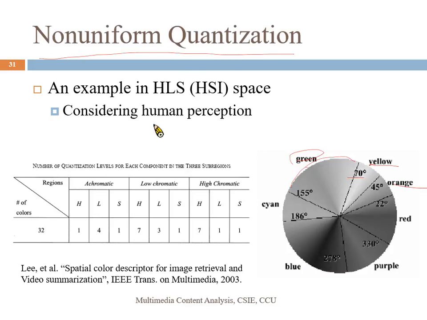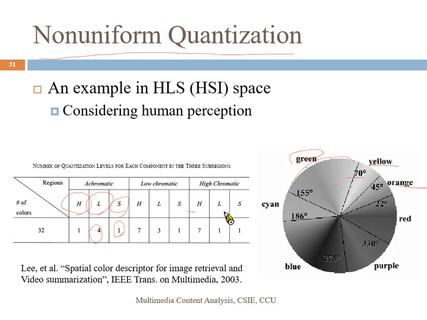In this paper published in 2003, they propose 3 different quantization schemes. For example, for the achromatic range, if the illuminance is quite low, the hue value is only quantized to 1 range, the luminance is quantized into 4 ranges, and the saturation into only 1 range.